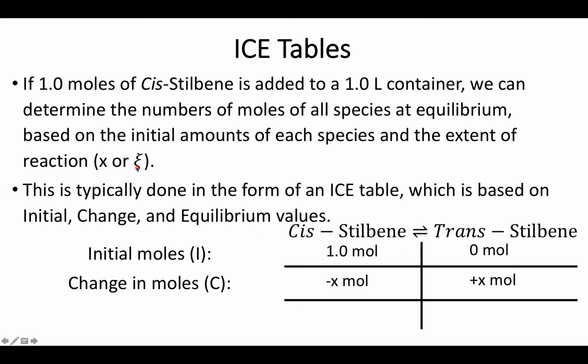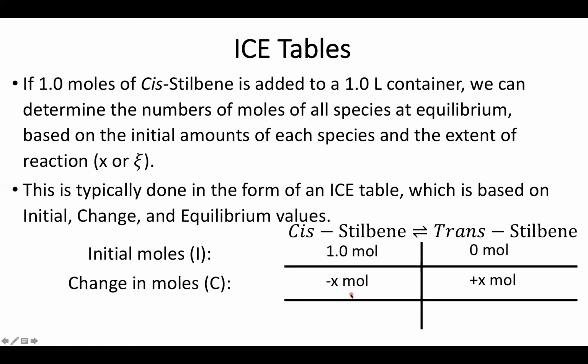It's also technically correct to represent this with a chi, and you'll see a lot of textbooks use one or the other. So we've seen chi show up once or twice in some of our figures, and that's because we're looking at how many moles of reaction has occurred. So in this case, for every chi moles it progresses, I'm going to consume that many moles of cis and produce that many moles of trans.